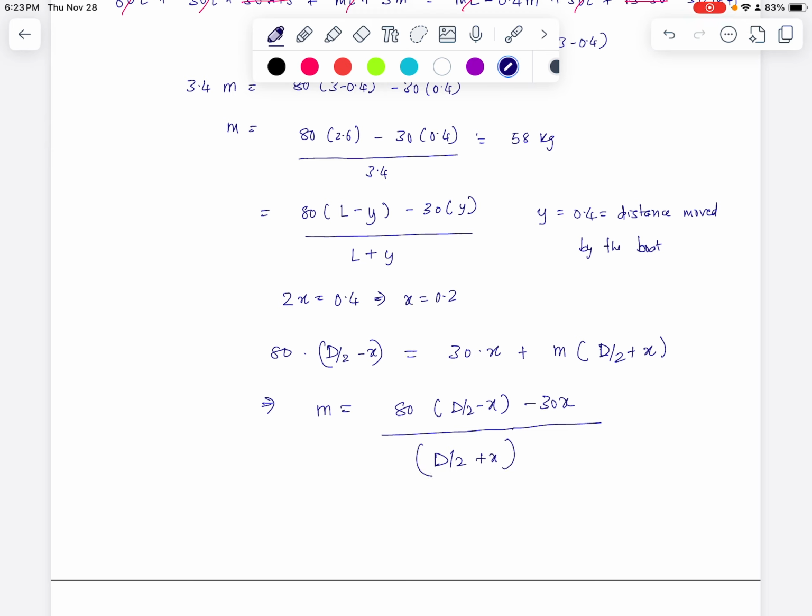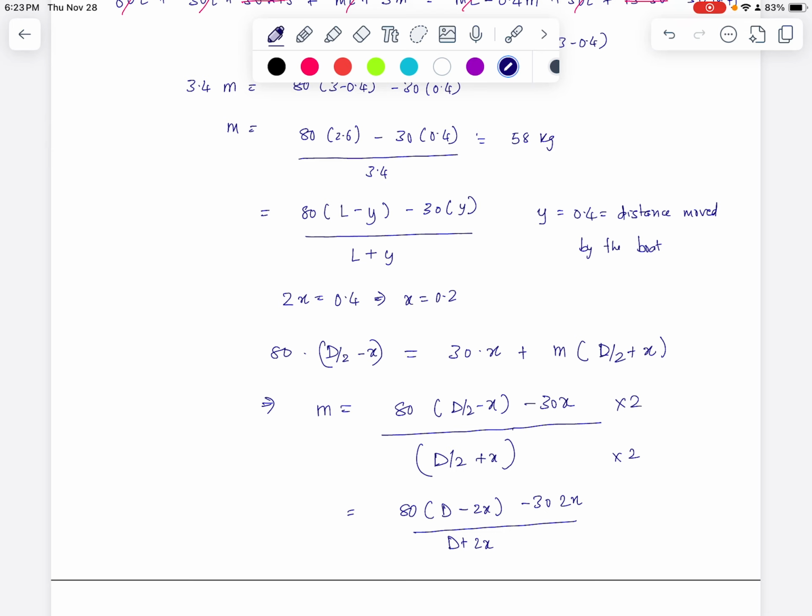And so we multiply both sides, the numerator by 2 and denominator by 2. So we get 80 times D minus 2x, okay, minus 30 times 2x divided by D plus 2x.